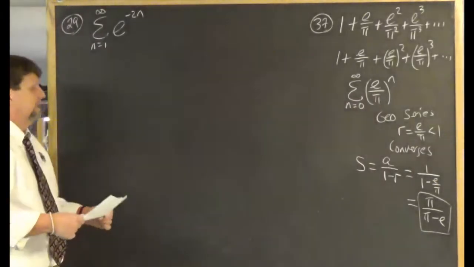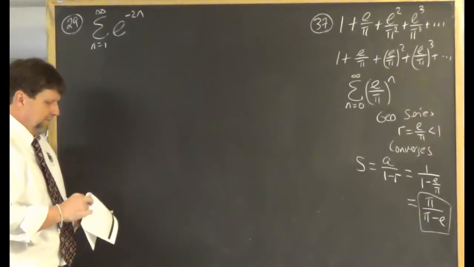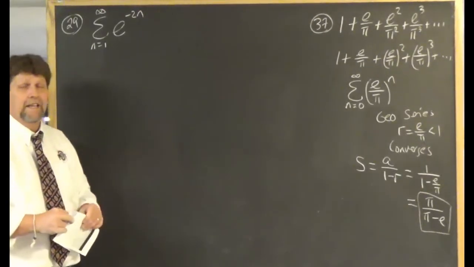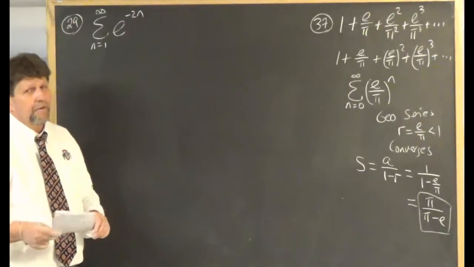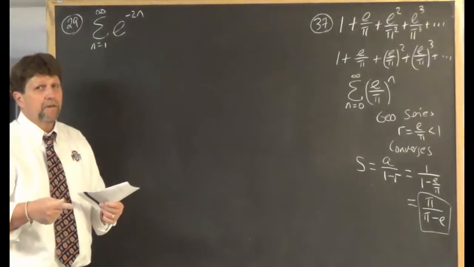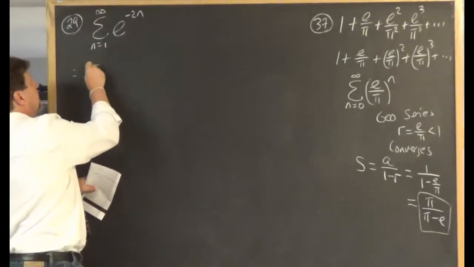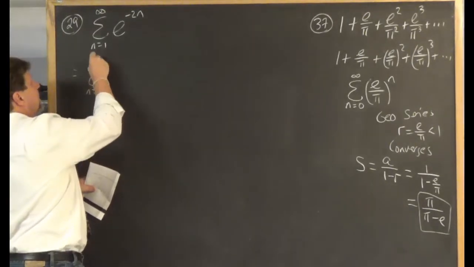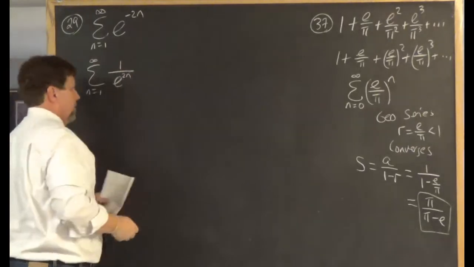29. Okay, there's a lot going on here in 29. First off, you have an e to the negative 2n. If you're thinking the first thing I would do is rewrite this so that I have a positive exponent, you are correct. So I would rewrite this as 1 over e to the positive 2n.